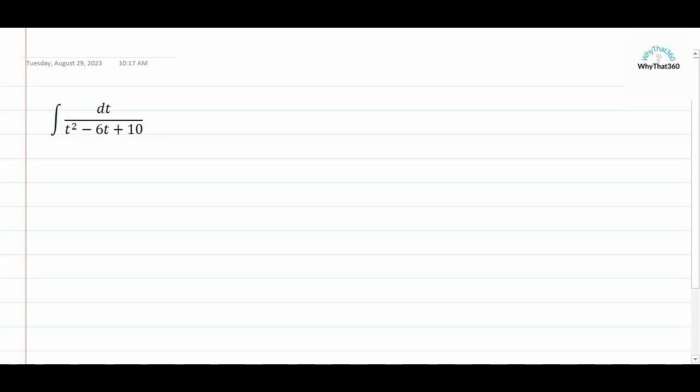Let's copy the denominator here: t squared minus 6t plus 10. Completing the square, we should get t squared minus 6t. In case you don't know how to do this, you take half of the coefficient of t, which will be -3, you square it, and then you add and subtract it in the expression.